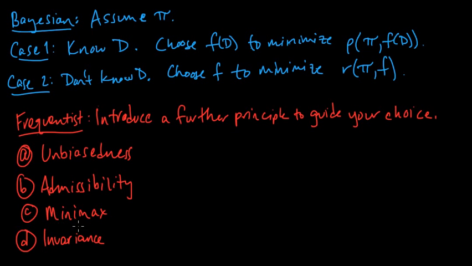I'm not going to go into detail on minimax and invariance, and even on unbiasedness. There's a whole world of research here, and there are probably other principles that I haven't listed here as well. But the main thing is I wanted to give you a sense of, or at least point you in the right direction, if you're interested in pursuing this path, of how these fit into the big picture.